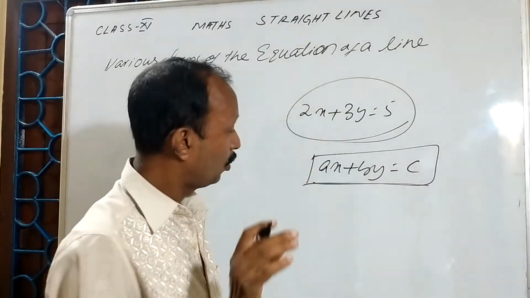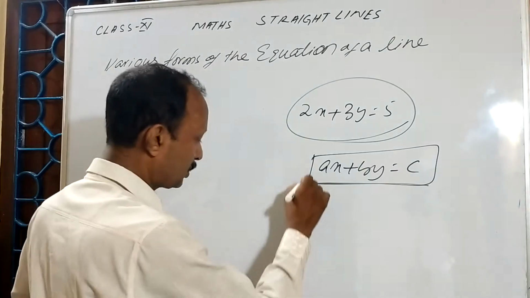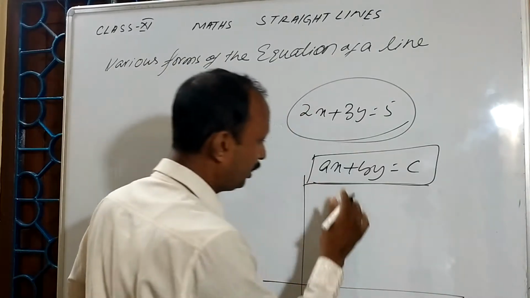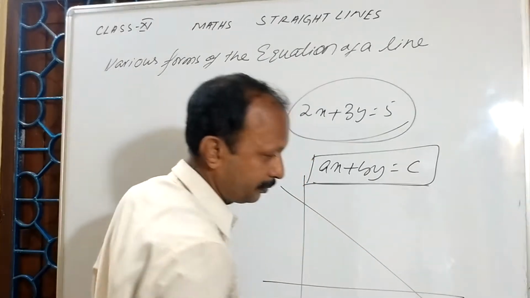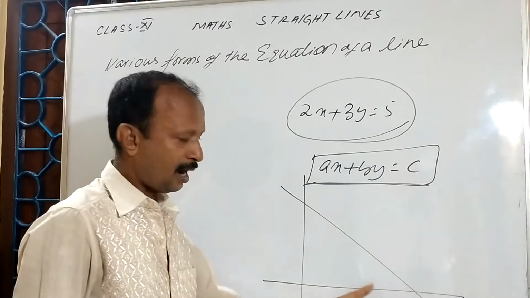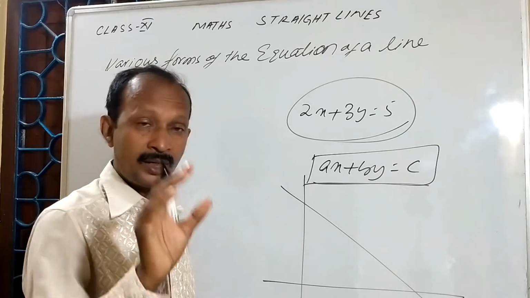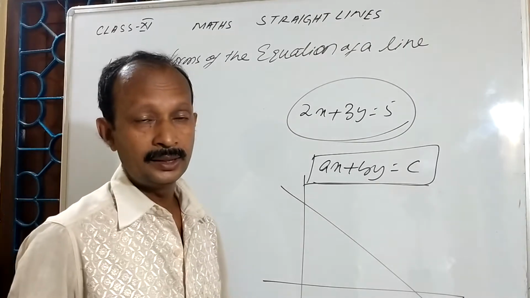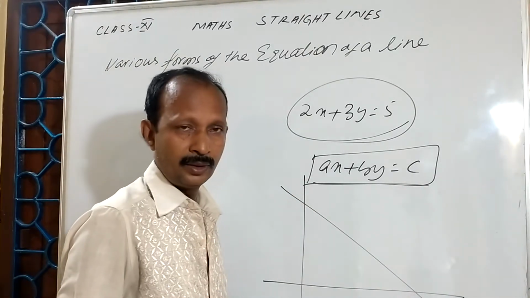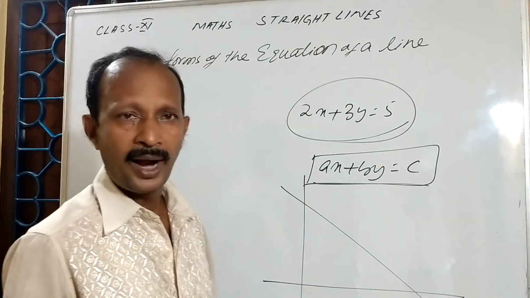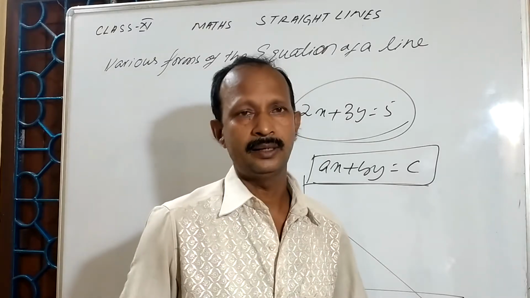In your school level, you have studied if the linear equation is given, how to draw the graph. Like that graph we used to get. But in this topic, just reverse. A line is given, we have to find its equation.